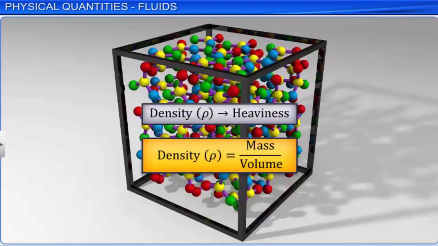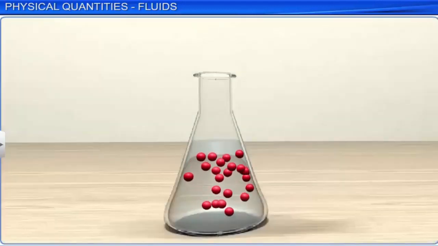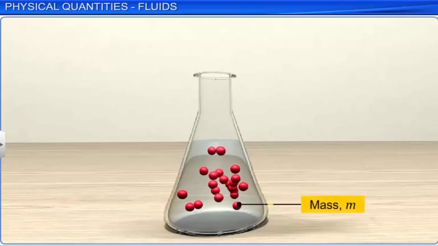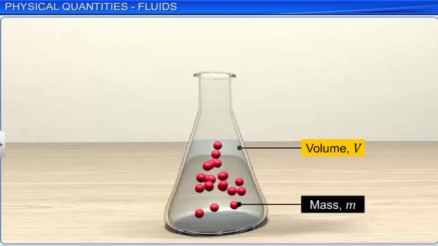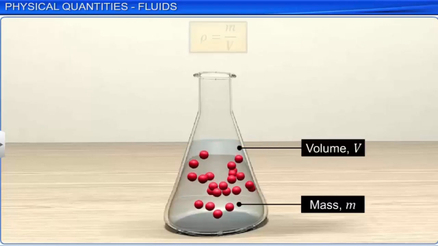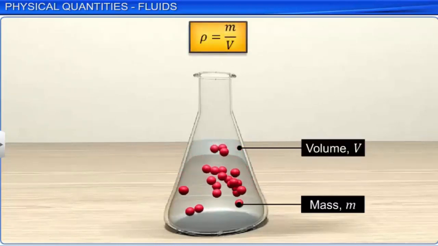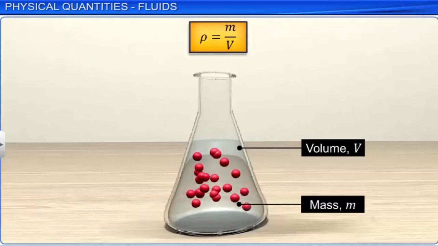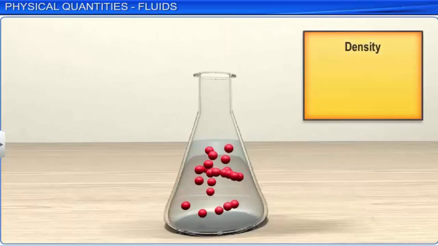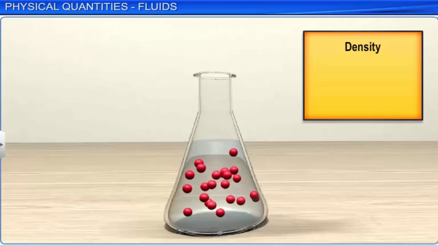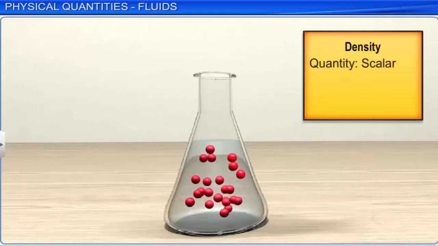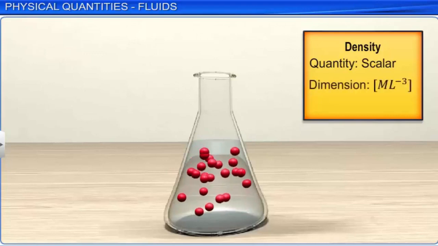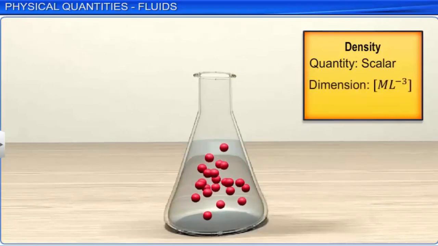Density of a fluid of mass m occupying volume V is represented as the ratio of m to V. As mass and volume both are scalars, density is a scalar and its dimensions are M L to the power minus 3. In the SI system, density is measured in kilograms per cubic meter.